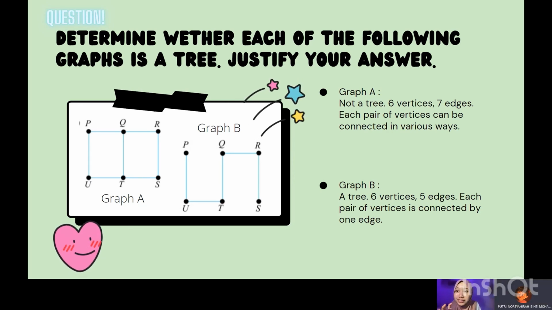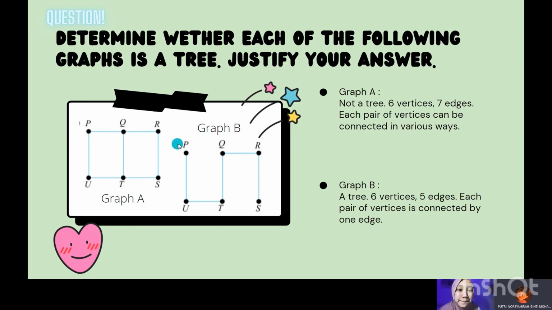If the number of edges is the same as the number of vertices, we still call it a tree graph. But if the number of edges is more than the number of vertices, it should not be called a tree graph. So in graph A, there are 6 vertices but 7 edges: 1, 2, 3, 4, 5, 6, 7. The number of edges is more than the number of vertices, so we cannot label it as a tree graph.